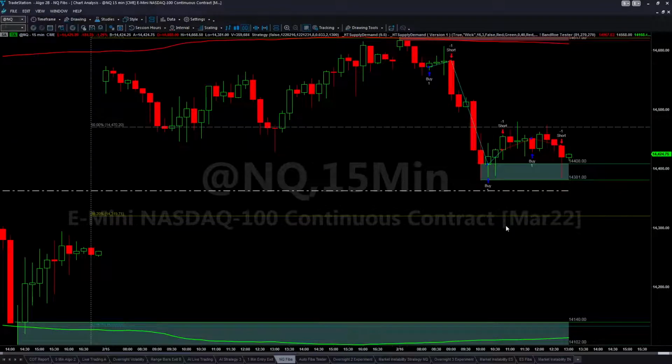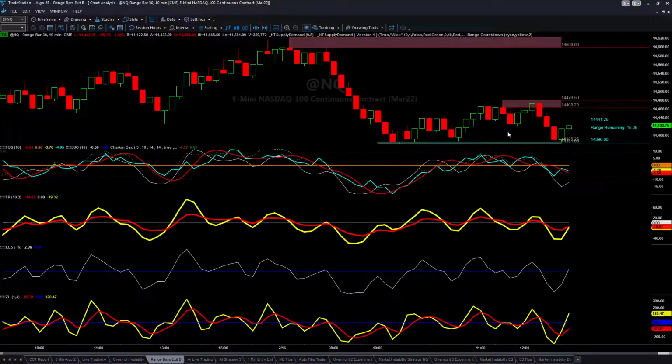Let's take a look at the Fibonacci, since everyone loves Fibonaccis. We're right between the 50% mark and my mark right here, and this area of demand. And you're just in a tight zone right here. Jeez.